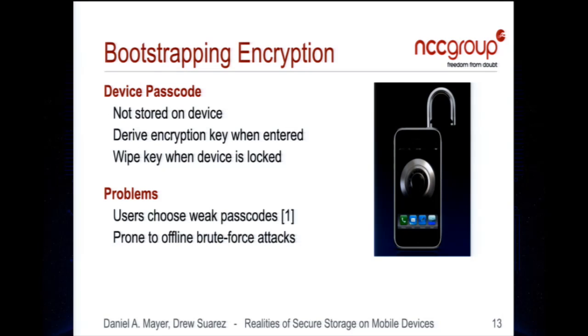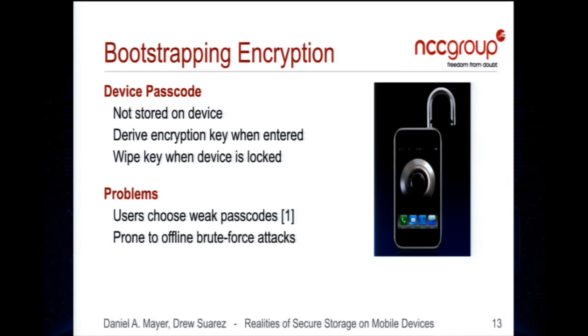So the user types in a passcode, and then a cryptographic key is derived from that passcode, which is then used to encrypt data. And if you lock the device, you can wipe that key from memory, and then the data is not accessible anymore. So you move from the full disk encryption paradigm, where data is always accessible when the device is on, to something where it's protected until you unlock the device.